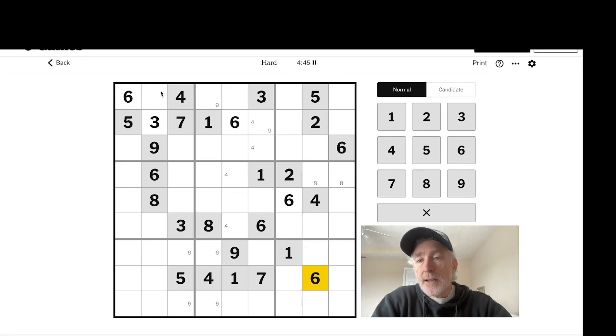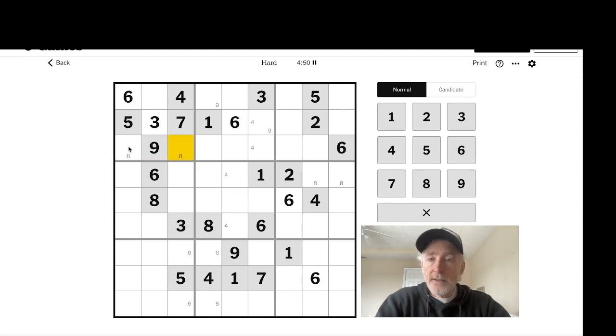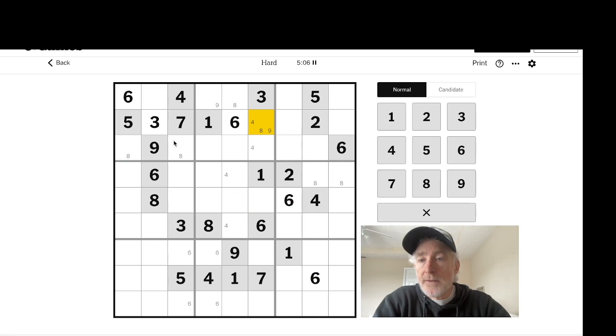This 8 looks up into this cell. So 8 is going to be in one of these two cells. That looks across into this box along with this 8 looking up. So 8 is in one of these two cells. Let's see. So what's left in this box?